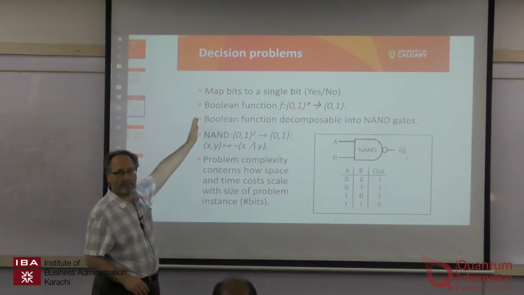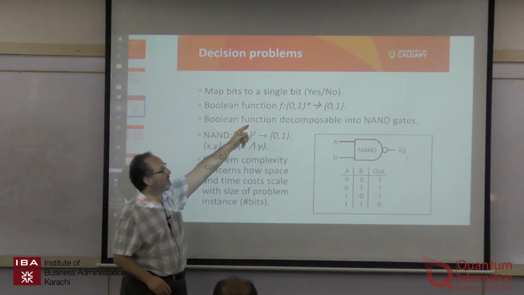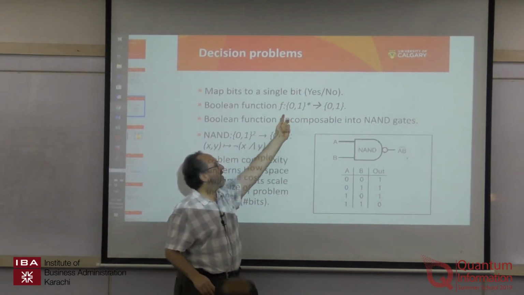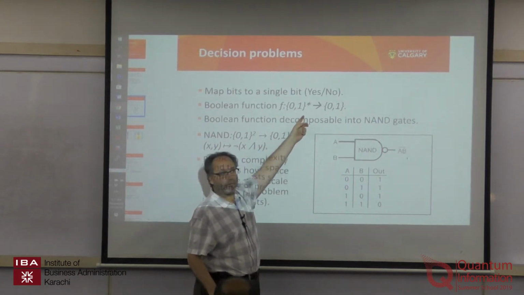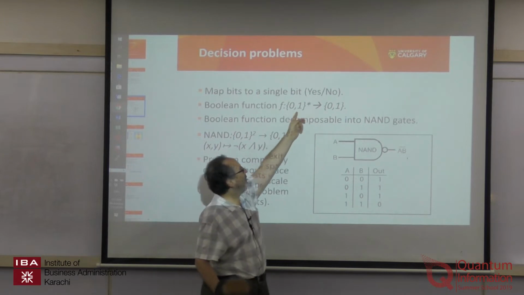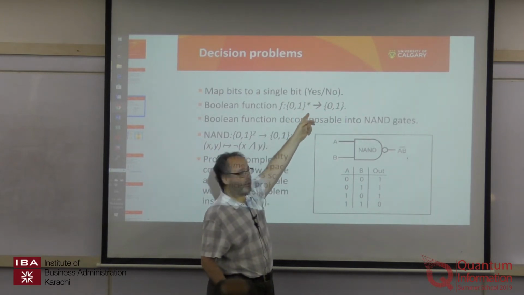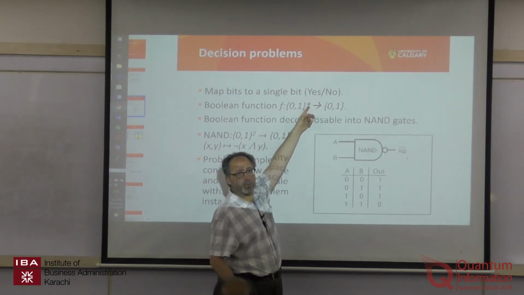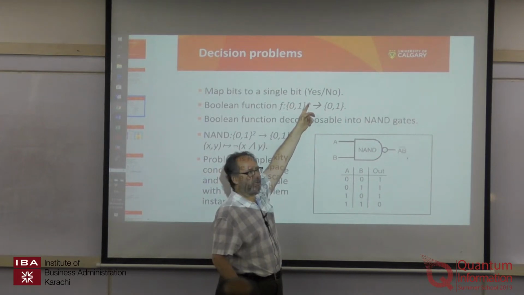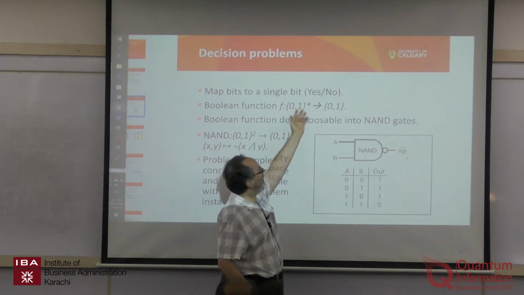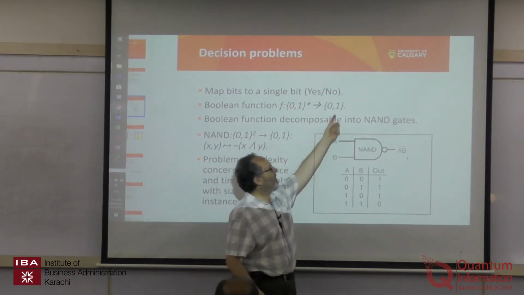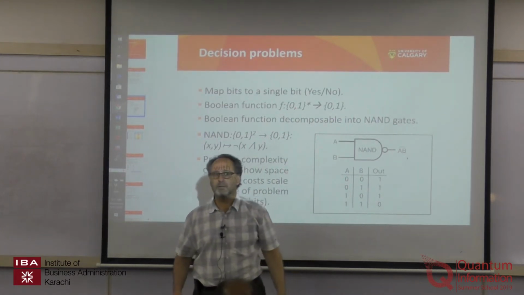The decision problem, as I said before, maps to a single bit. Mathematically, I could just consider a function that takes a string of bits. 0 and 1 is a bit. The star superscript means it's a string. If I put a letter n, it would be an n-bit string. Star means it's arbitrary length. So it maps a bit string into a single bit, and it could be yes, no, true, false, and so on.